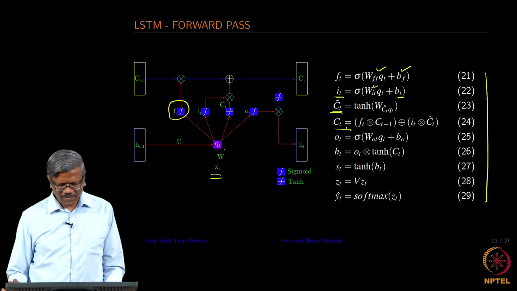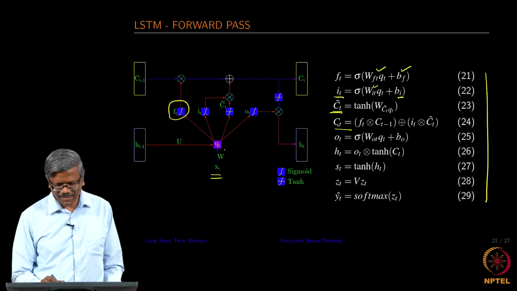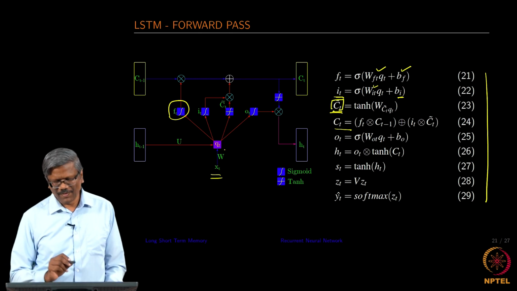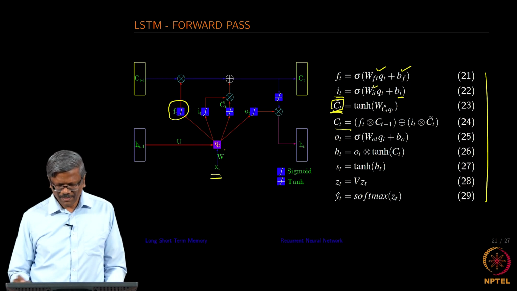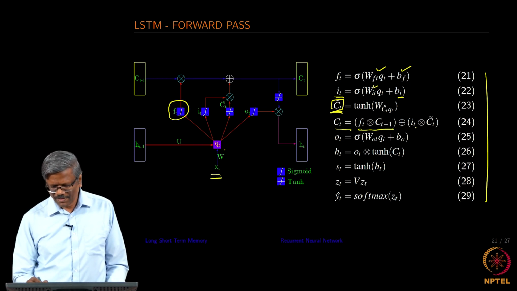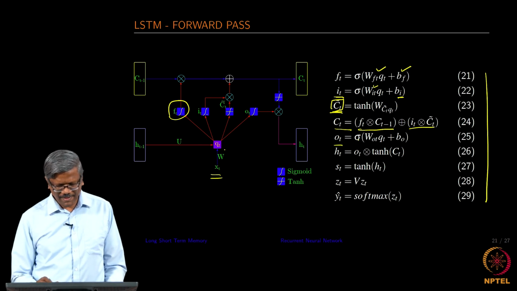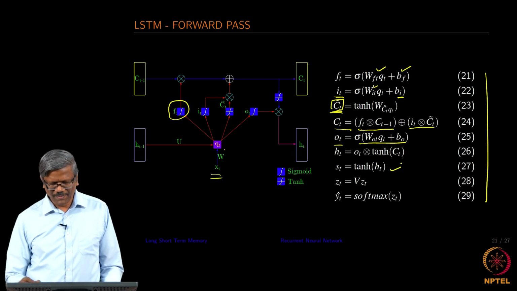So, now we compute the new state of the memory using the new memory that we have computed using this, and then we compute the output gate values, and then plug in the output gate values along with the new memory state into HT.